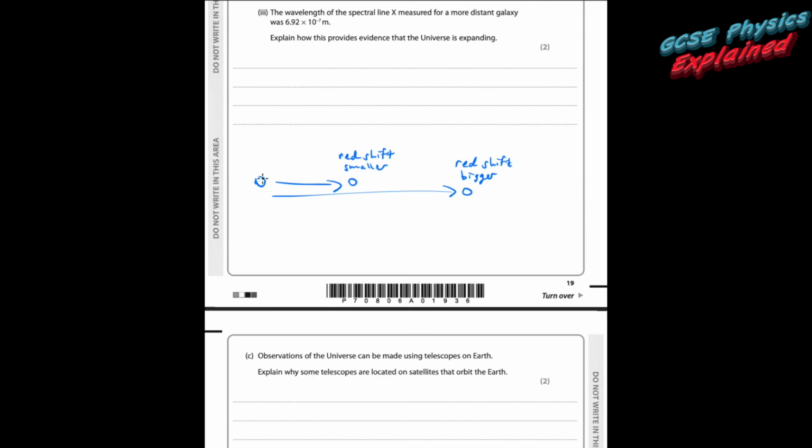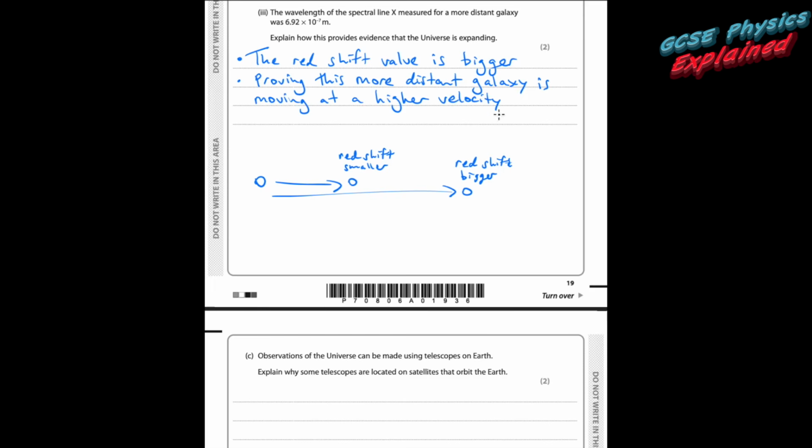Because if everything started from a single point, according to the Big Bang, then if something is further away, it must mean that it's faster. So the redshift value is bigger, proving this more distant galaxy is moving at a higher velocity, which is consistent with the Big Bang theory.